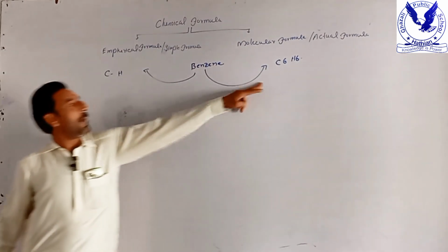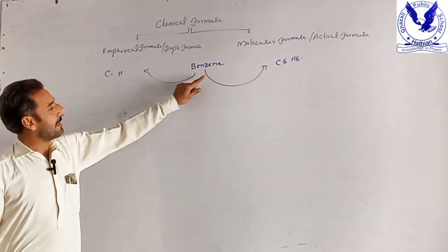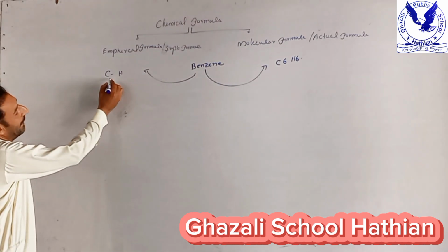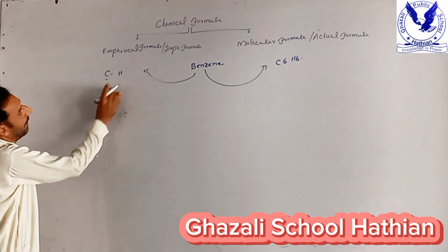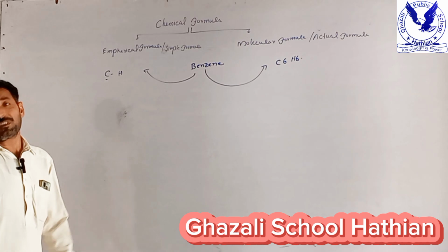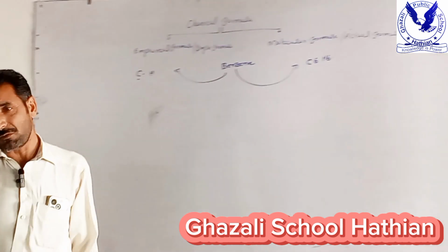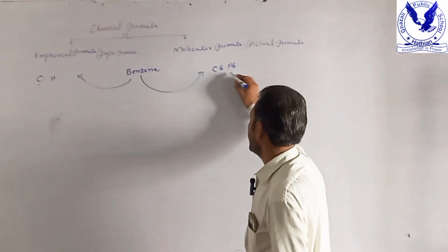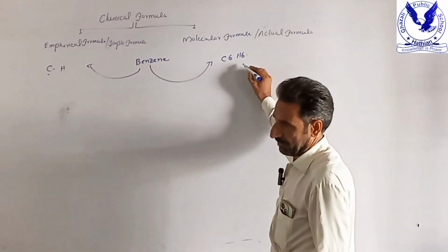Both are formulas of the same compound, but one thing is common in both. This formula shows the atoms in the simplest possible numbers, and this formula shows the actual number of atoms.